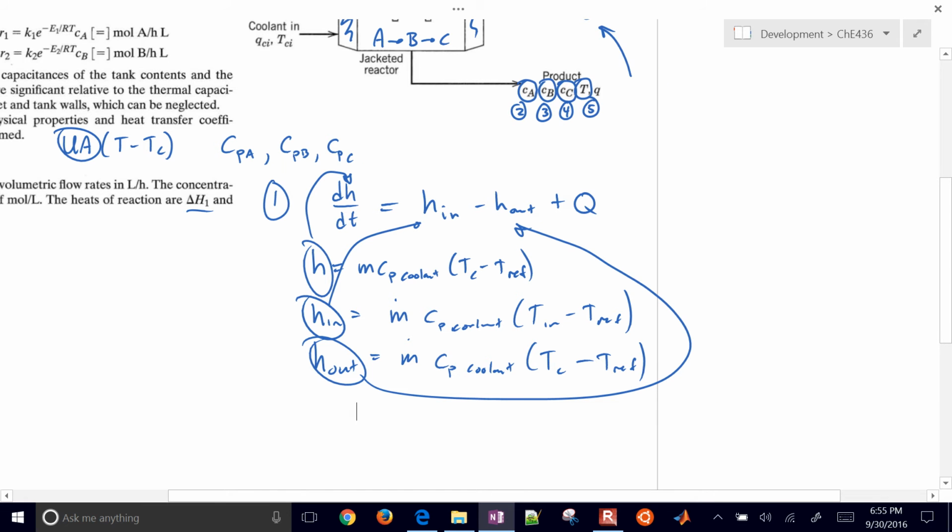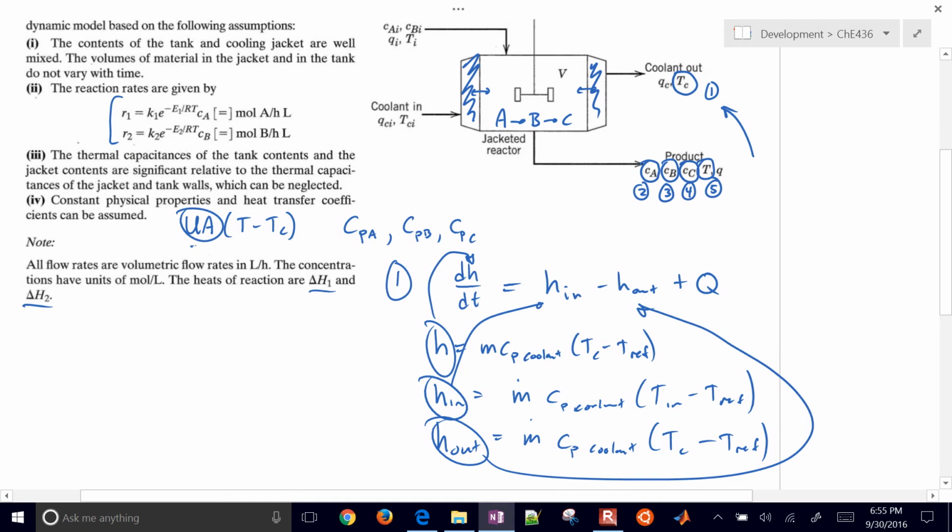The heat transferred is going to be this term right here. So I'm going to plug in right here UA times T C minus temperature of the reactor. I always forget if it's going to be a positive or negative sign.